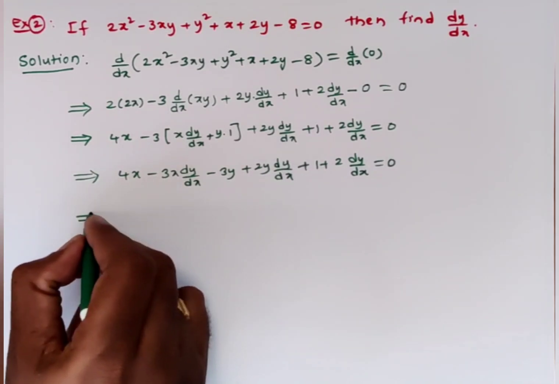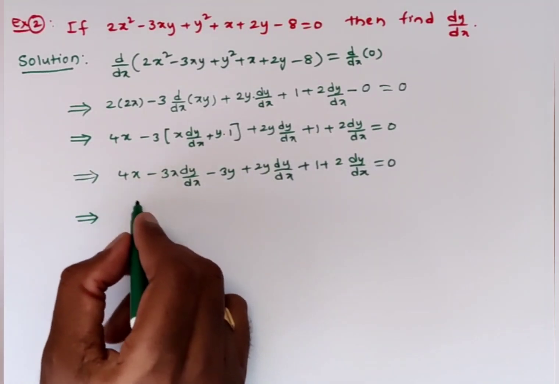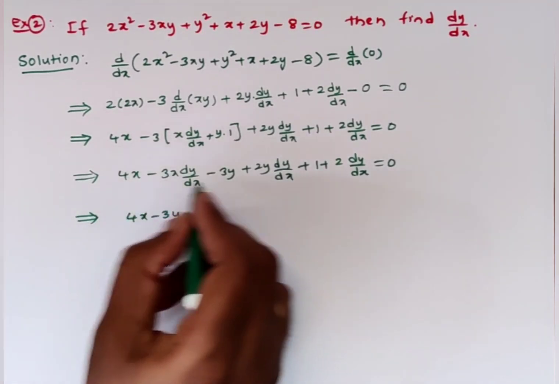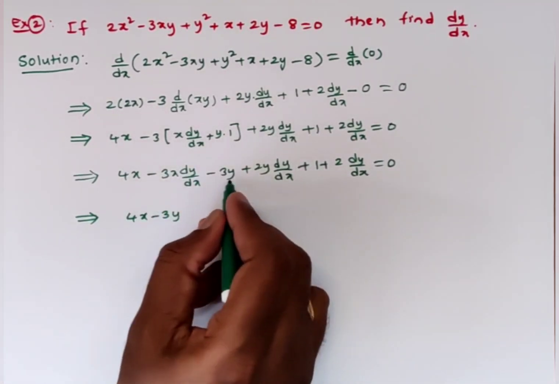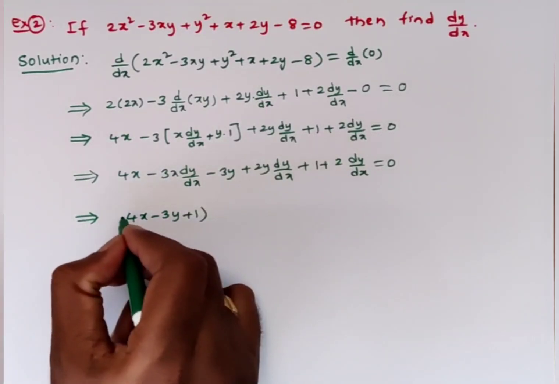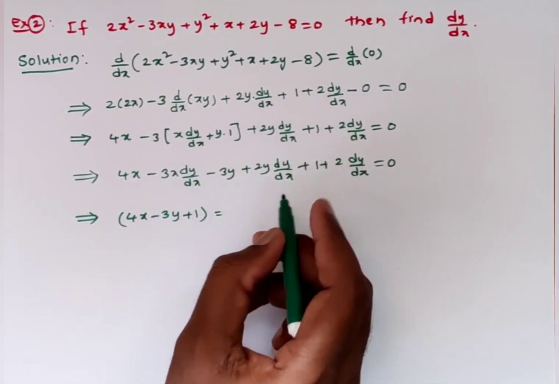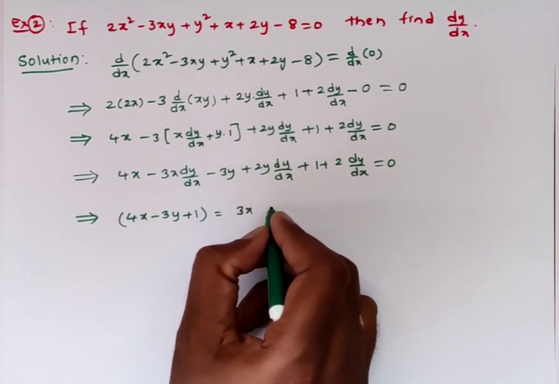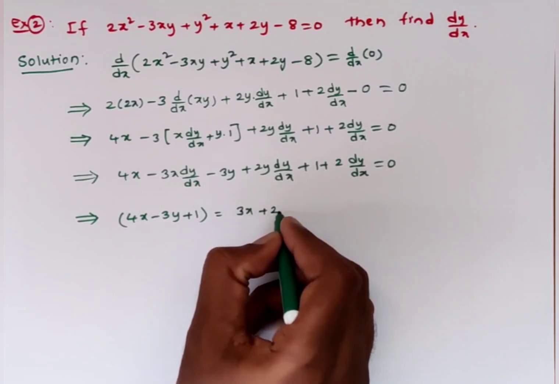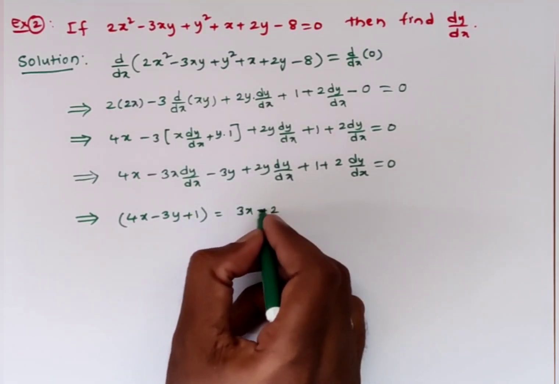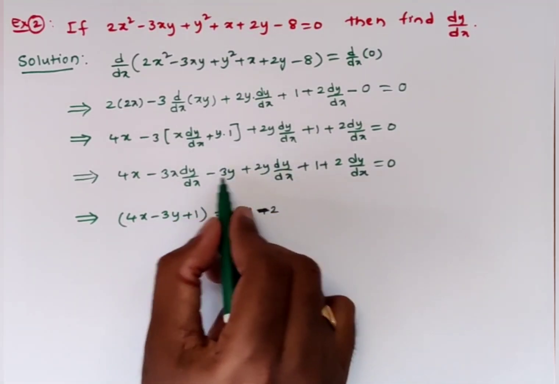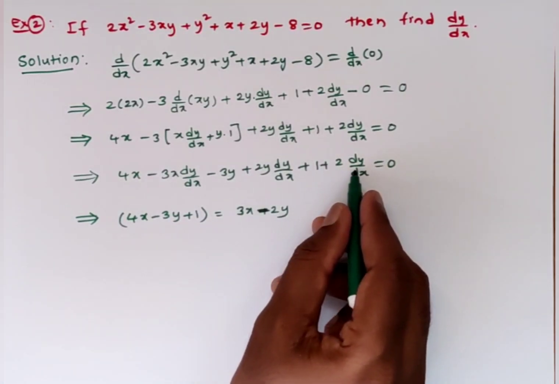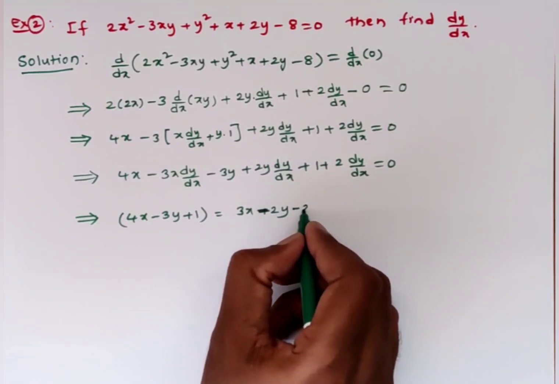Now this is 4x minus 3y, without the dy by dx terms first, 4x minus 3y plus 1. Now the transposition to the right-hand side: transposition is minus, so this is positive and it is negative, and 2 dy by dx also negative, minus 2.